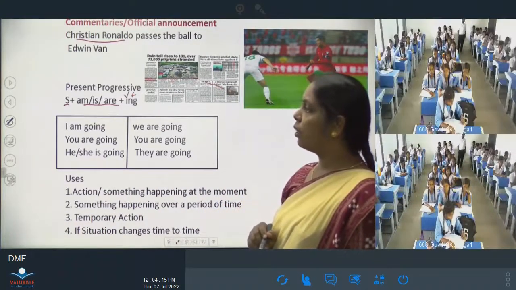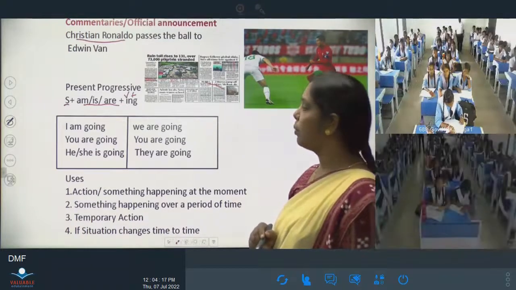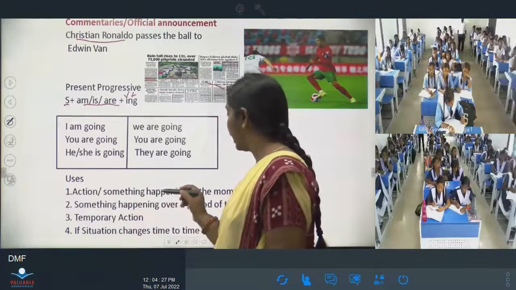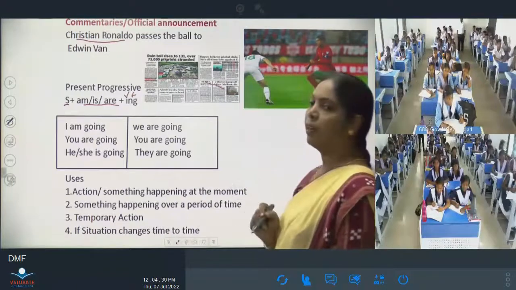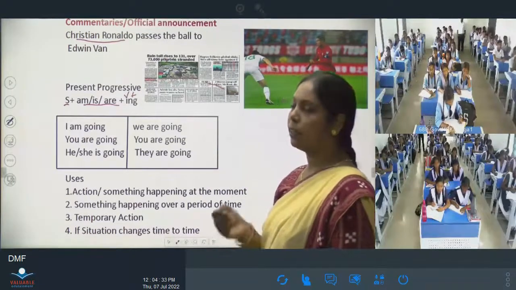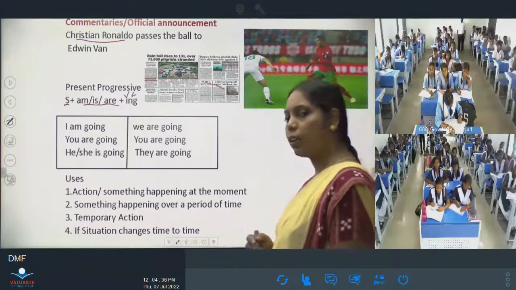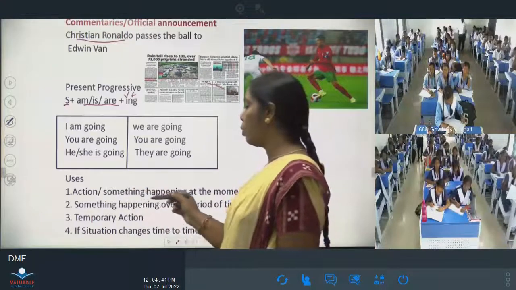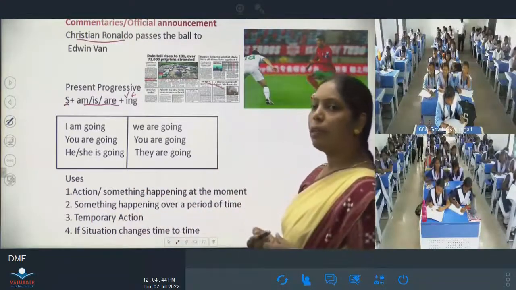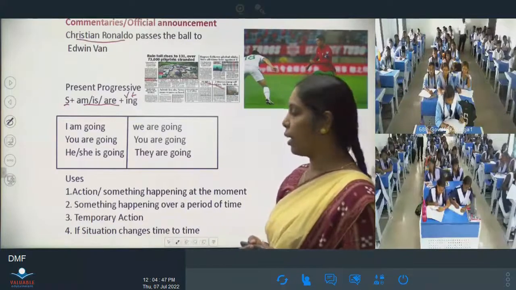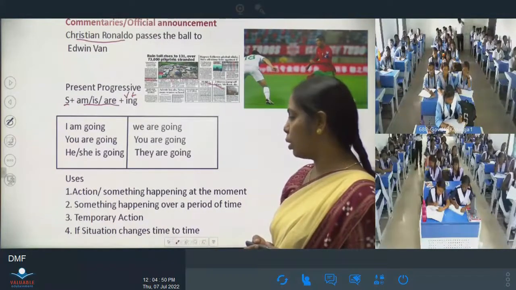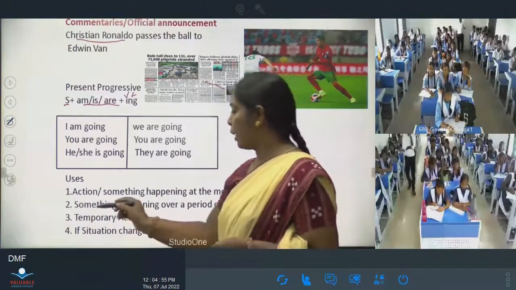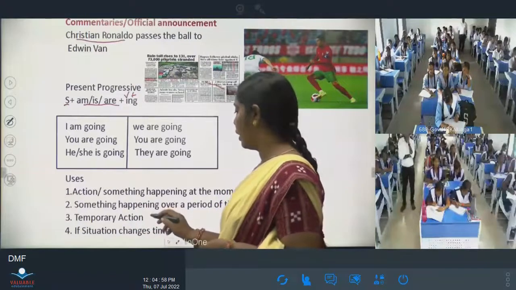So, what is the use of present progressive tense? Here are the uses. Action or something happening at the moment. If an action is happening at the moment of saying, in that case we use present progressive tense. If something is happening over a period of time, in that case also we use present progressive tense. Temporary action. What do you understand by temporary, children? A short-lived action is what we call a temporary action.